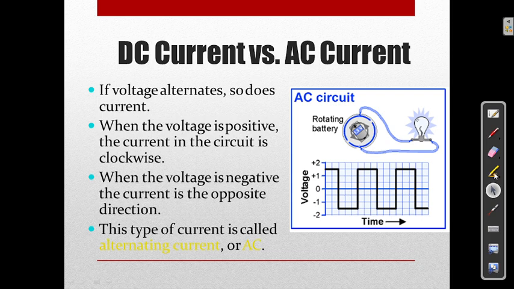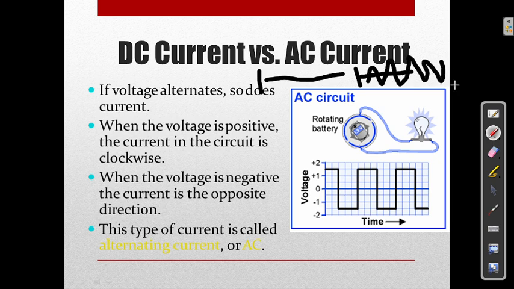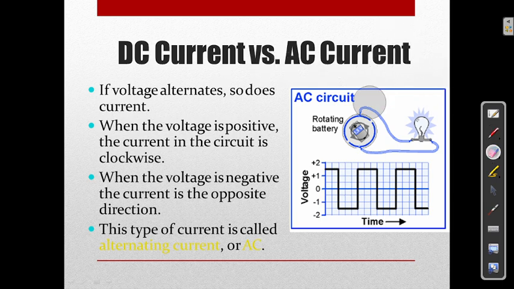Here the current will not flow in the same direction. It will not flow in a straight direction. It will flow like this, up and down, on and off, like that. So if the voltage alternates, so does the current.